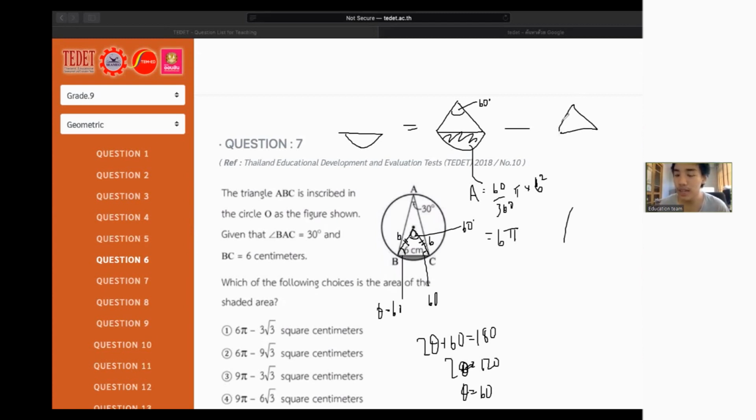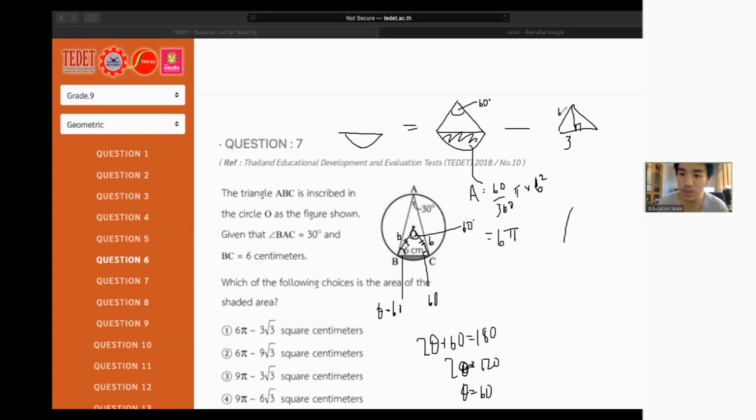And then we have the triangle left. Now the triangle is a 6, 6, 6 equilateral, right? So if it's 6, 6, 6, one of the ways to do it is to use trigonometry. If you don't want to use trigonometry, we do it the normal way: draw the height. Now this height will cut the base exactly in half, because it's an equilateral triangle and has symmetry. If you want to prove it, you can use congruent triangles. So if this cuts the base in half, this must be 3.